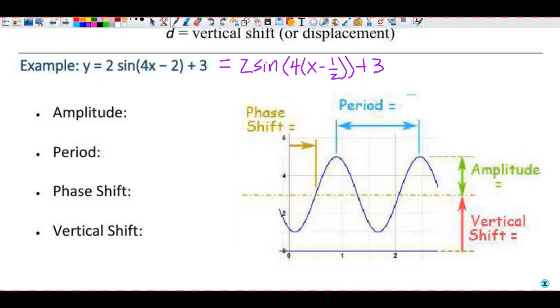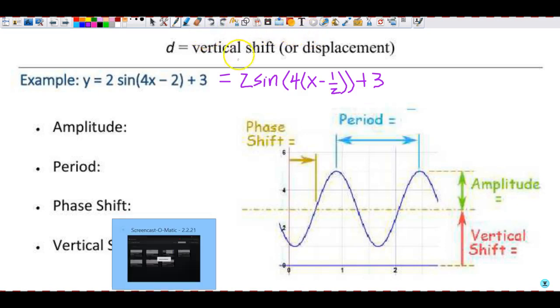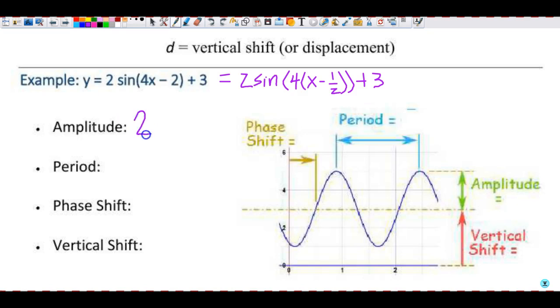So your amplitude is going to be the absolute value of this coefficient. So the absolute value of a positive 2 is just 2. Your period, remember 4 is the number of cycles, but we want to find the period. We know here that this is an x, so we're using radians.